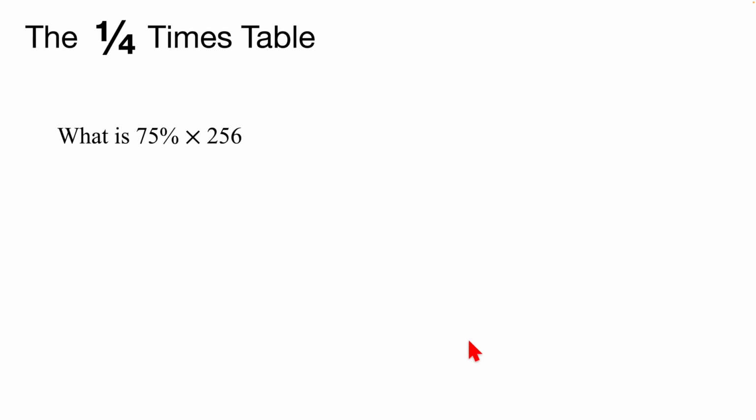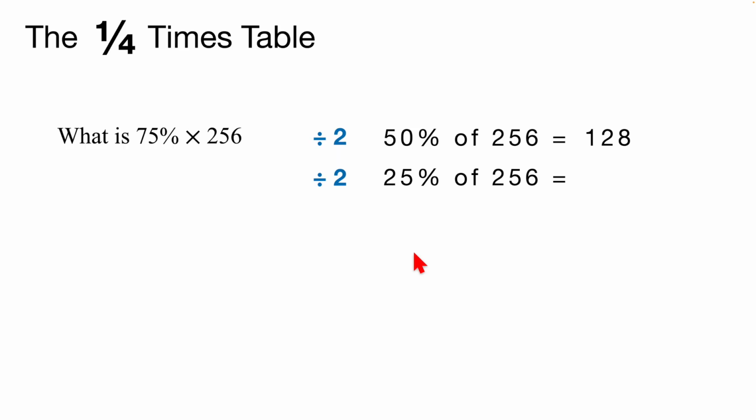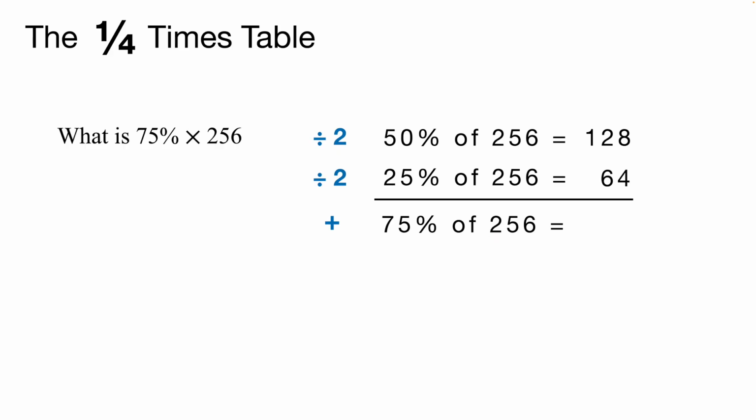If I was to summarise, oh, here we go, another example, 75% of 256. 75%, okay, 50% of 256 is equal to 128. 25% of 256 is equal to 64. Let's add those two together. 50 and 25 is 75% of 256 is equal to 192.